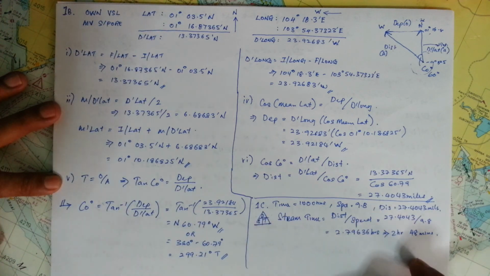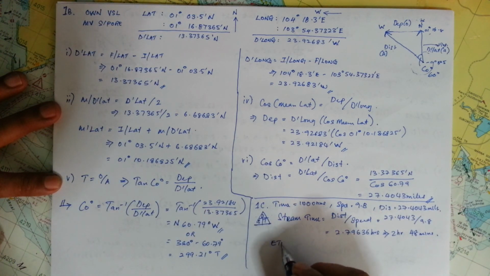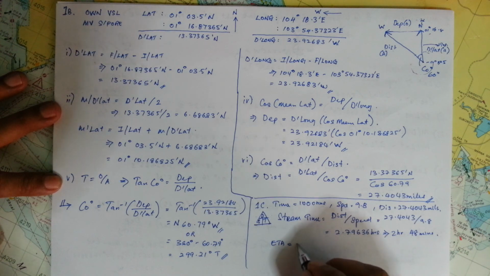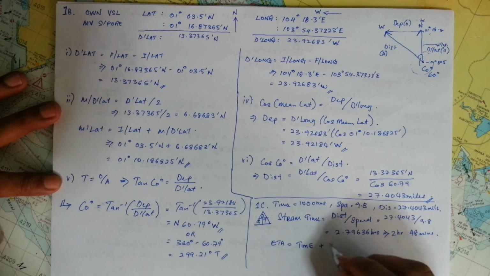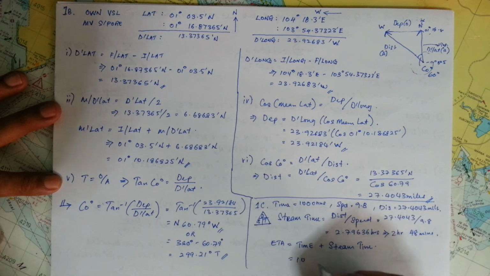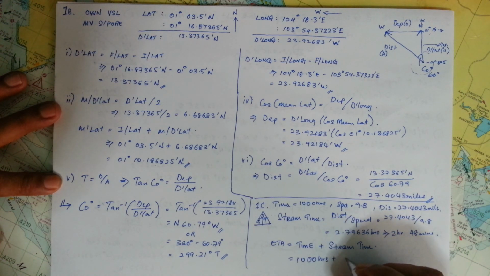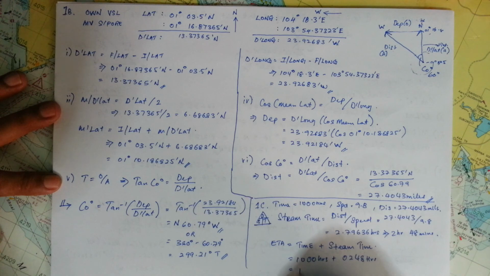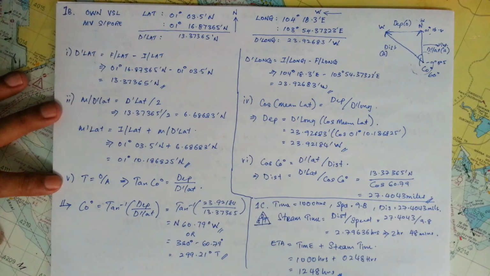So the ETA equals the time that initially started plus the steaming time. So 1000 hours plus a total of 2 hours and 48 minutes equals 1248 hours. This is your ETA, and we are done for question 1.